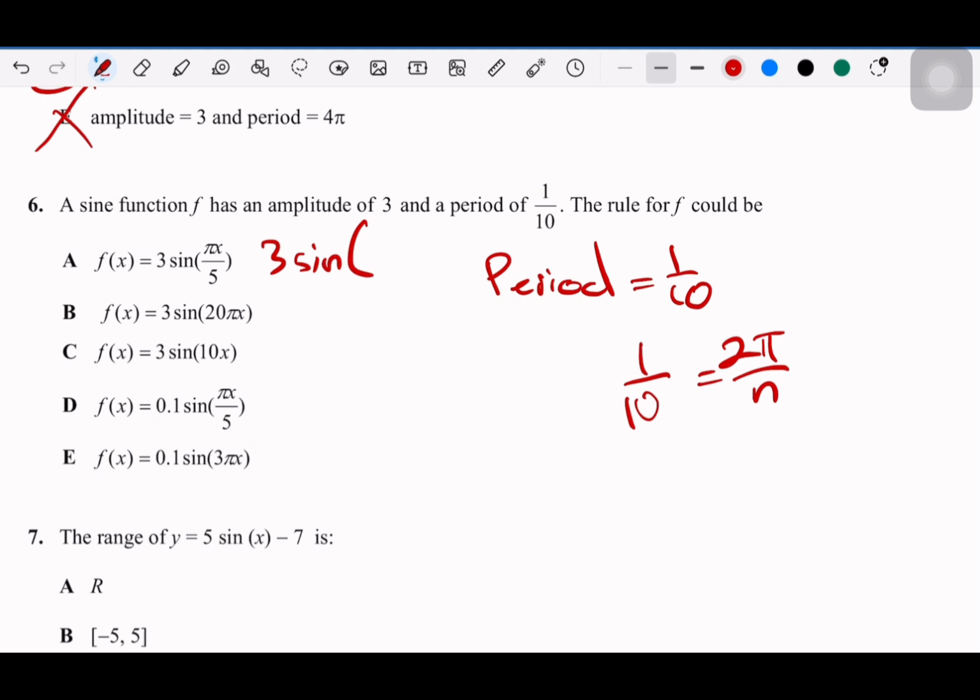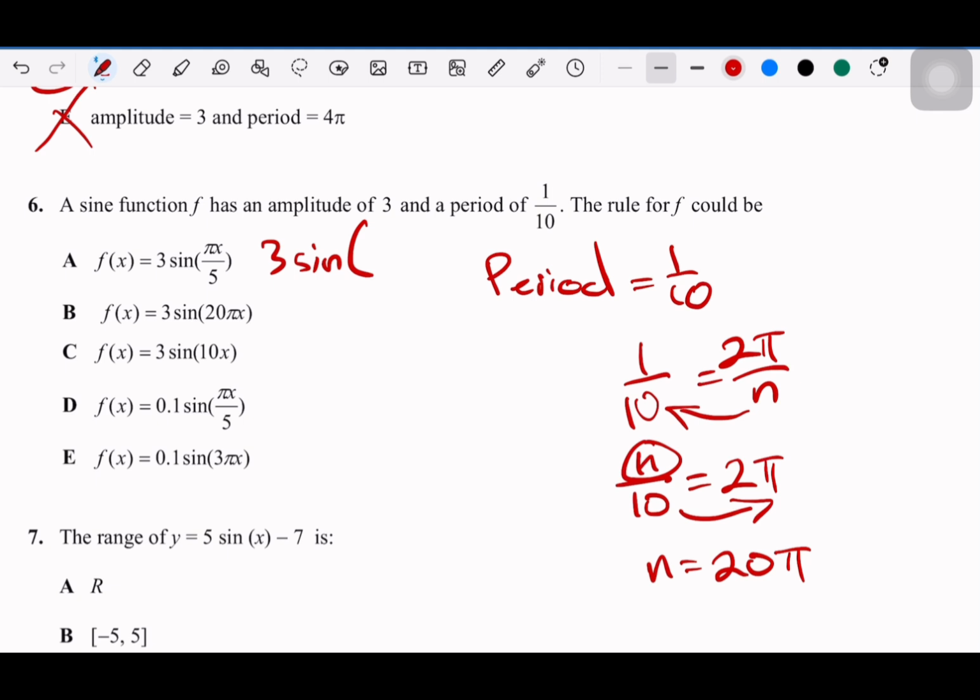So with basic algebra here, 1 over 10 equals 2 pi over n. Multiplying n to the other side, n over 10 equals 2 pi. And multiplying the 10 to the other side as well, you get n by itself, which leaves us with n equals 20 pi.